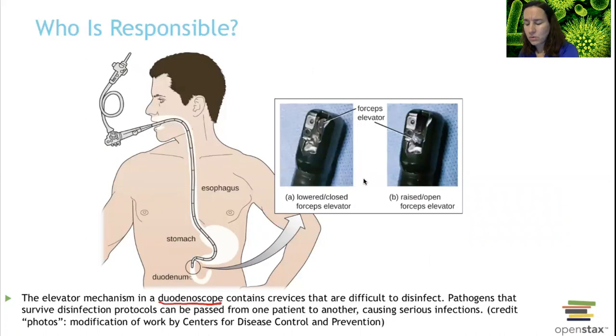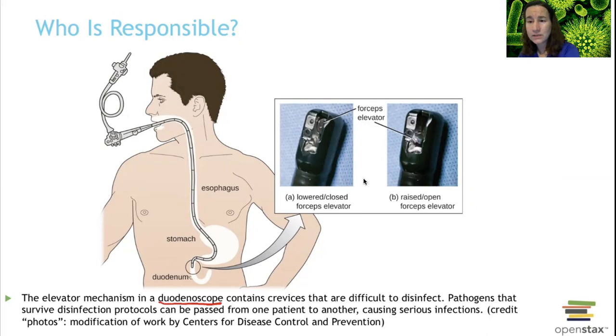The textbook says that at Ronald Reagan UCLA Medical Center in 2015, 179 patients were potentially exposed by an endoscope that could not be sterilized.